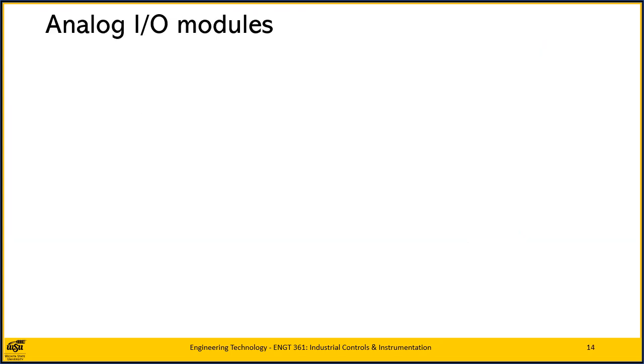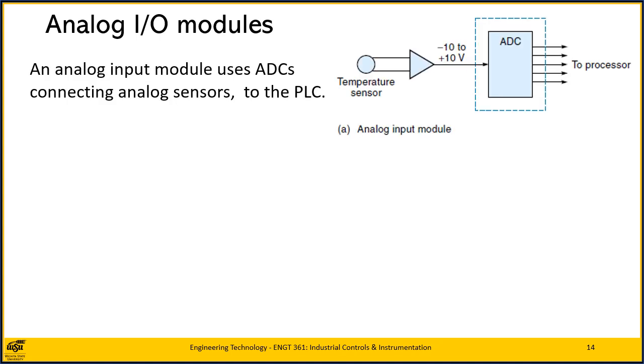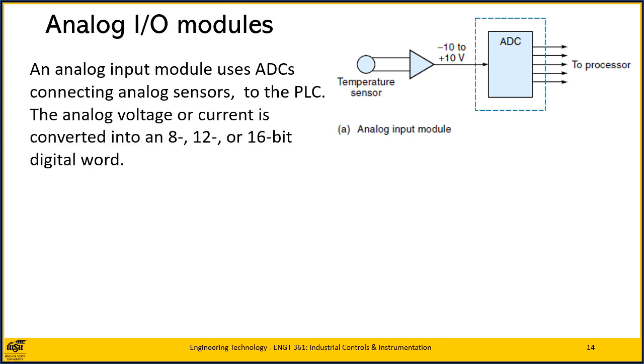Analog I/O modules allow the PLC to handle analog signals. An analog input module has one or more ADCs, remember analog to digital converters, allowing analog sensors such as temperature sensors to be connected directly to the PLC.